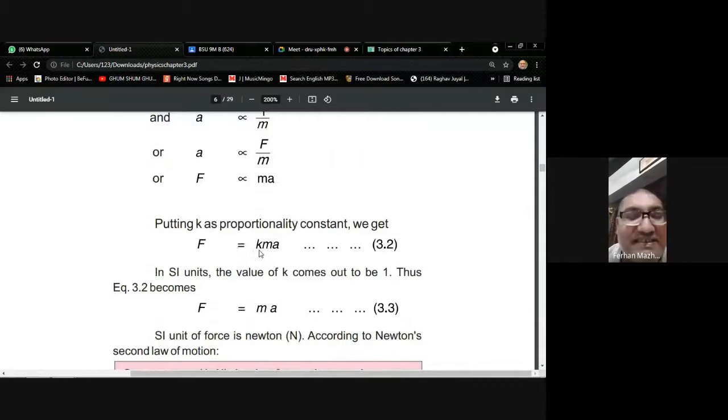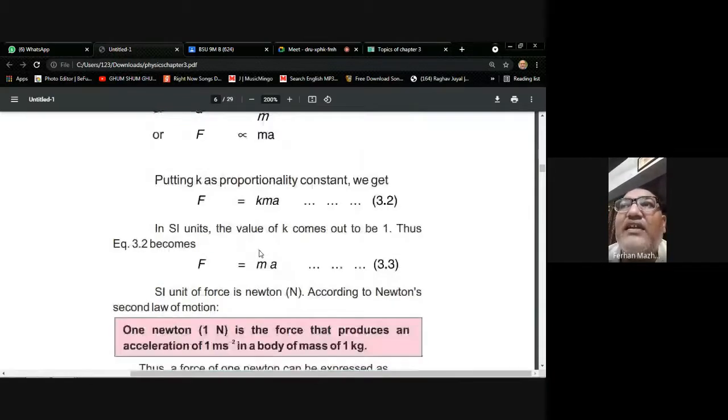That constant is K, and in SI units, the value of K is 1. So the formula becomes F equals MA. F equals MA, a very, very important and famous formula. That is the mathematical form of Newton's second law of motion. F equals MA.